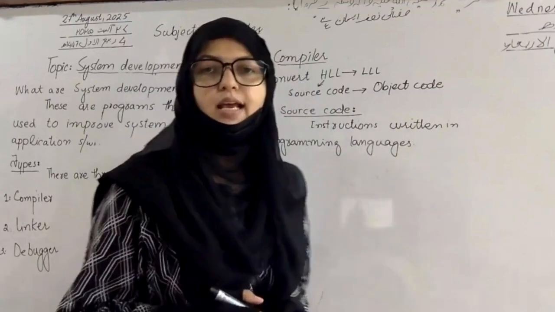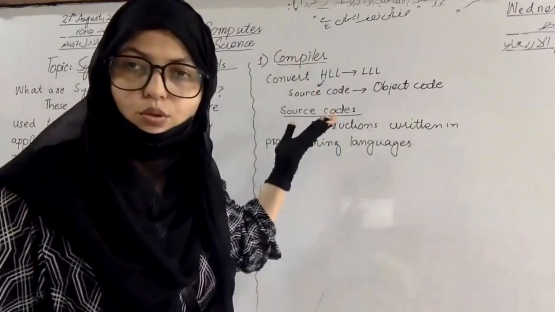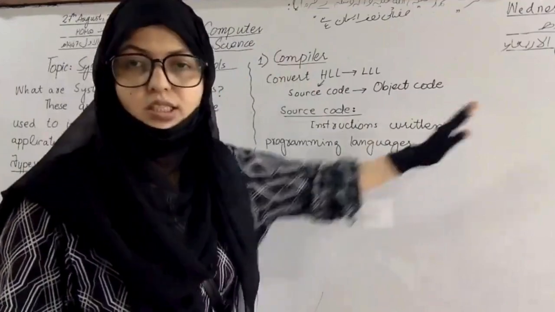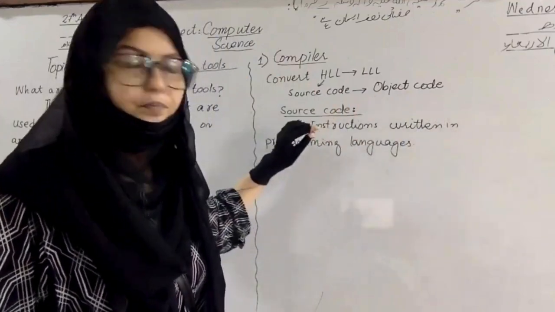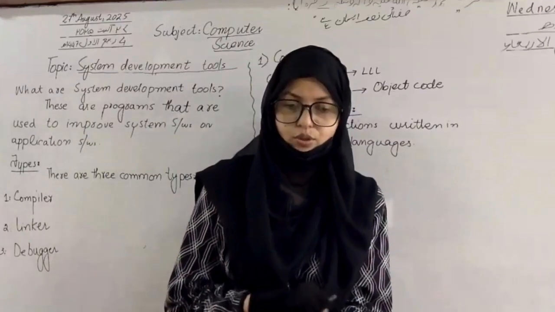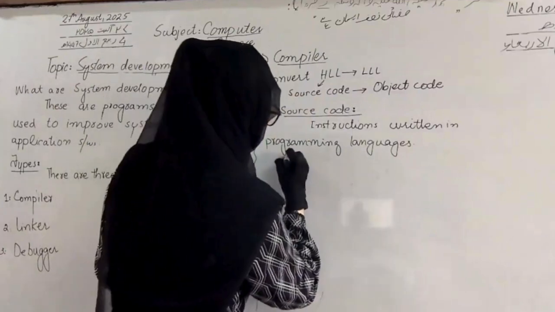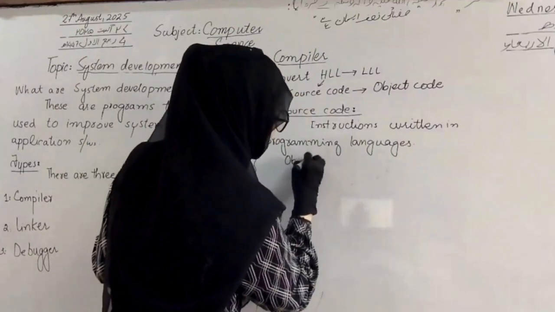So a question can be asked of you all: define source code. You can say that instructions that are written in the programming language are known as source code. And now we have a question: what is object code?